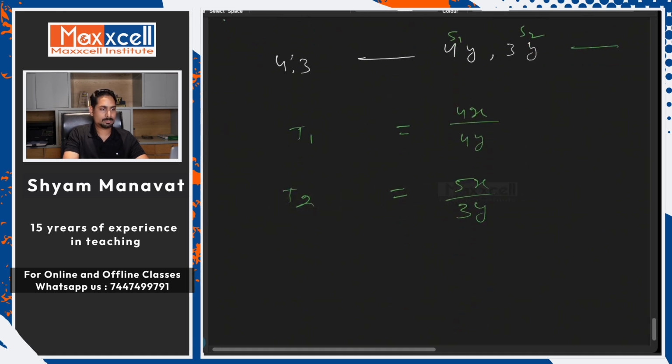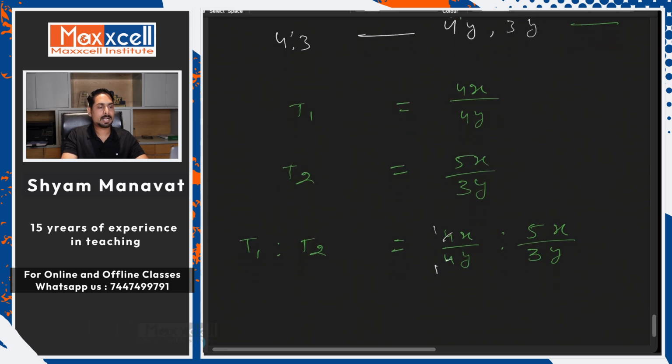Okay, assuming you people are beginners, I am solving this question for beginners. So here if I find the ratio, it will be 4x by 4y to 5x by 3y. Now tell me one thing, to simplify, can't I say 4 ones are 4, 4 ones are 4, right?